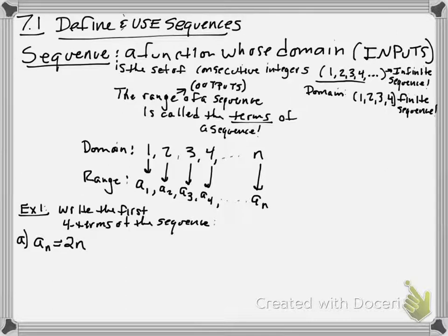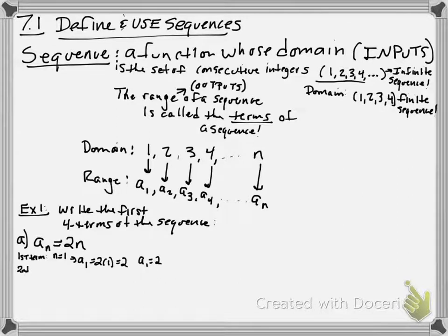So, if that's my sequence, the first term we'd find by plugging in n equal to 1, because that's our first number in the domain. And so that would be a sub 1 equal to 2 times 1, which is 2. In other words, the first term, a sub 1 equals 2. When we plug in 1, we get out 2.